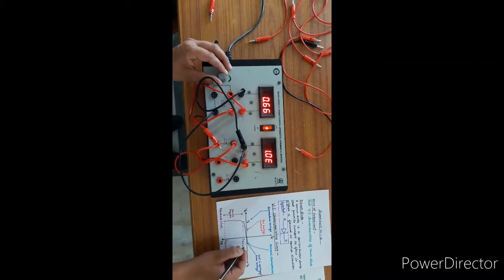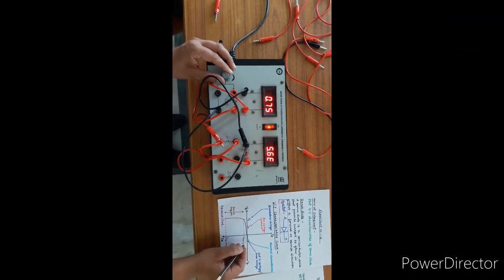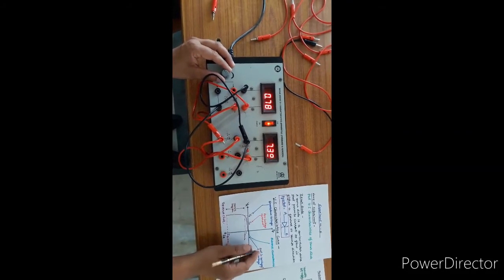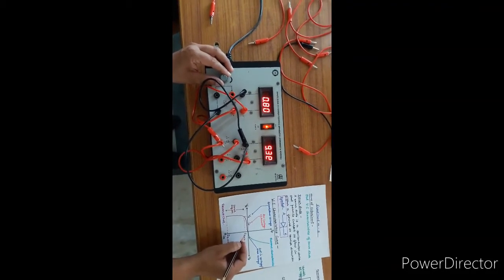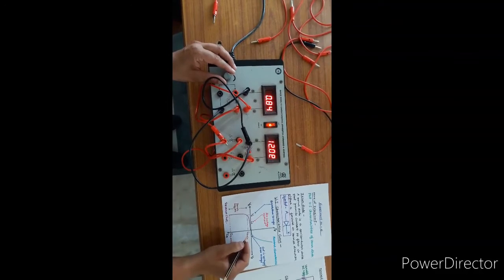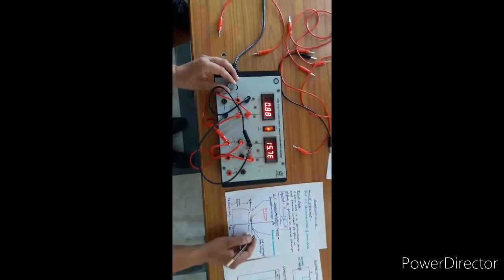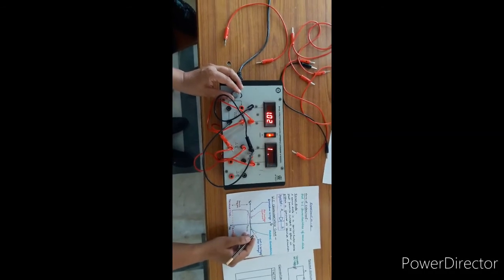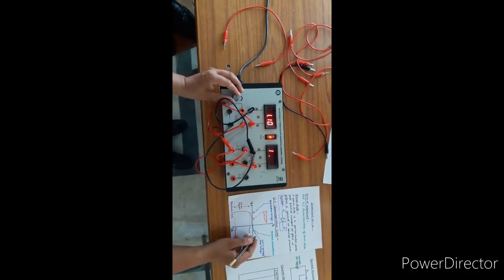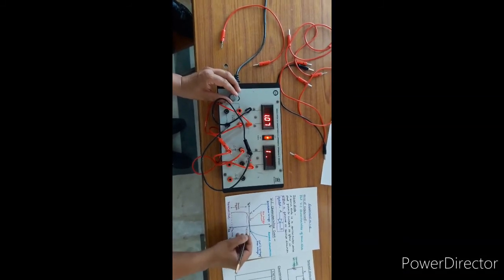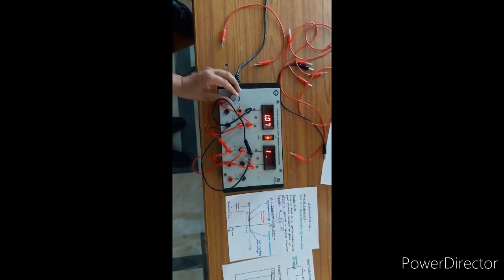At this point it starts conducting, and after 0.7 volt the current suddenly increases. We can observe about 12 milliampere, 14 milliampere, and it is out of range. So after the cut-in voltage, the current increases suddenly. So we performed this forward characteristic.